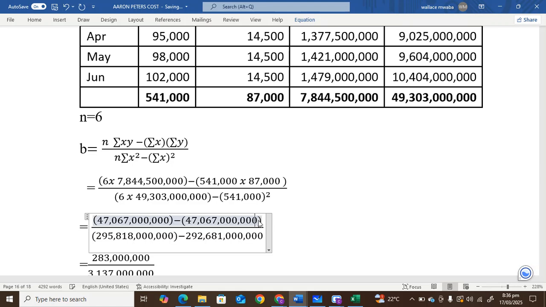Are we also getting the same figures here? So when you multiply these two, you're getting the same figures.